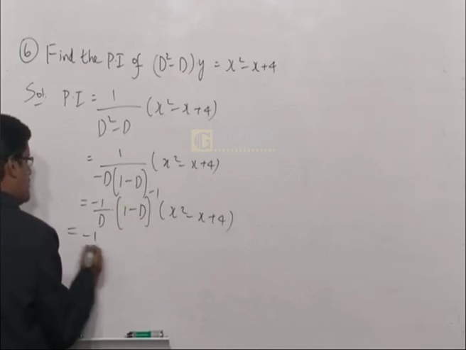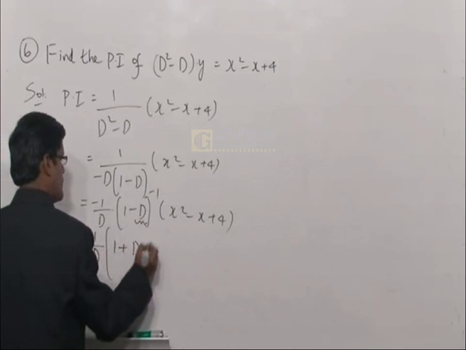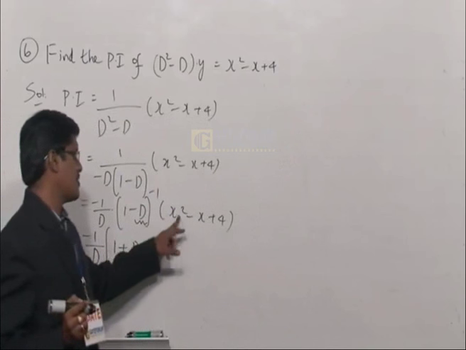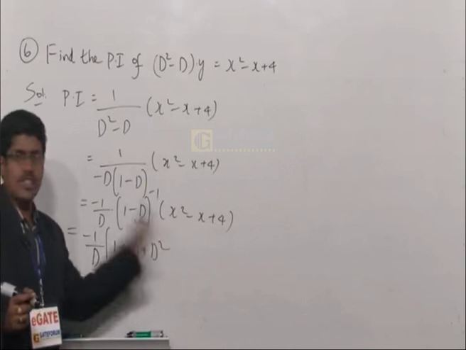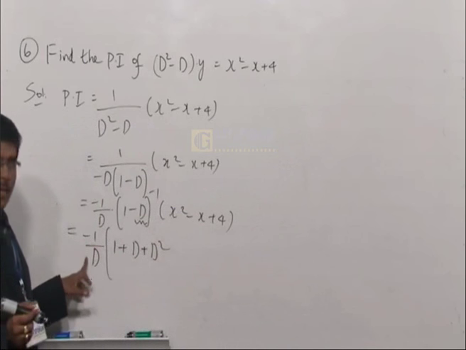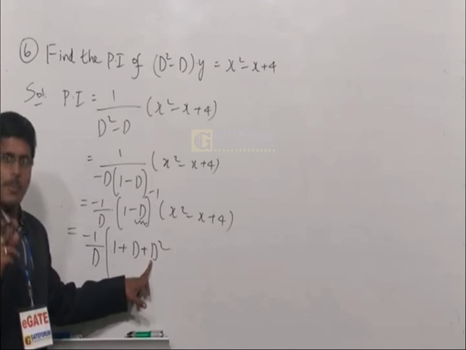Now using binomial expansion, it is in the form of (1 minus D) whole power minus 1: 1 plus D plus D square, up to where the highest power of x is 2, that is, up to the terms containing D square. So here we can stop. But all these terms are finally pre-multiplied by 1 over D, so if you multiply this term, you will be getting up to D power 1 only.